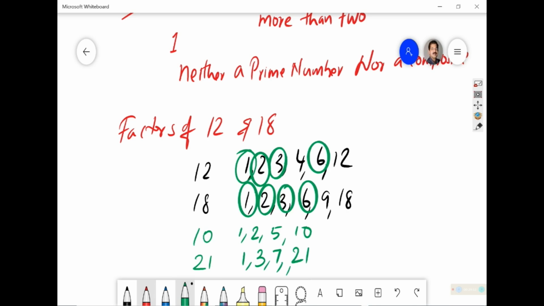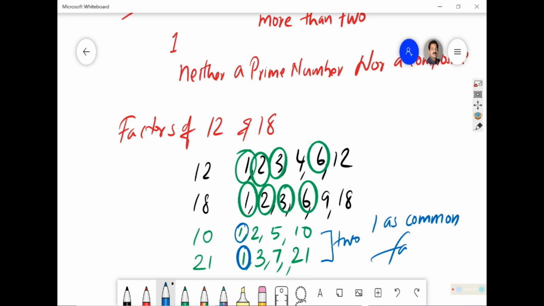And if I ask you to mark those numbers which are common, 1 is there common, nothing else. So if there are two numbers and they have only one as common factor, we call such numbers as co-primes. Co-prime numbers.